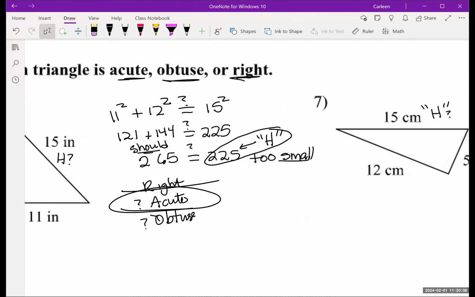And A squared plus B squared is greater than C squared. It's acute. That means hypotenuse is too small. So that's the formal real world definition, but I like to call it H in quotes is too big, H in quotes is too small.